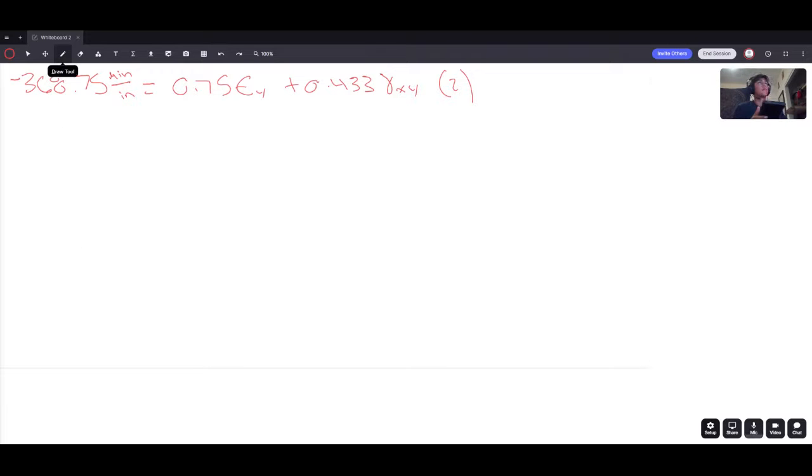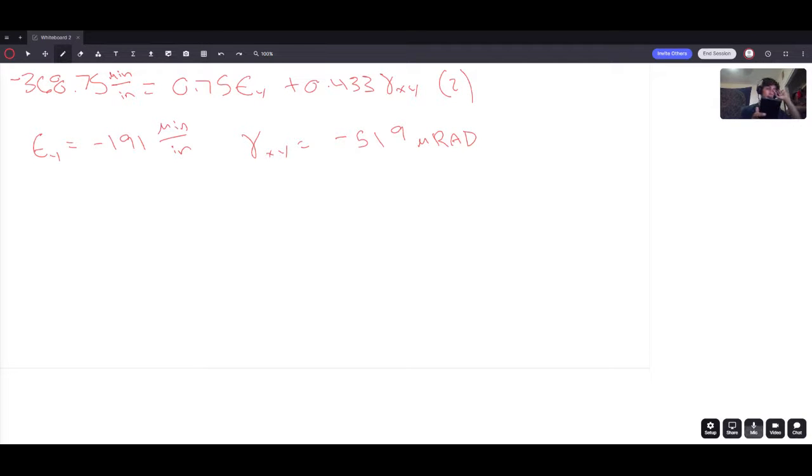Epsilon y equals negative 191 microinches per inch, and gamma xy is going to equal negative 519 microradians.